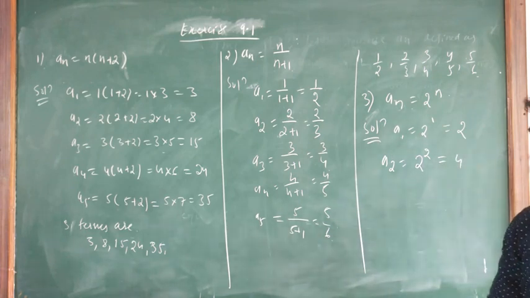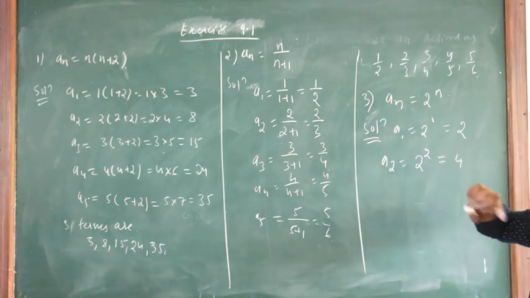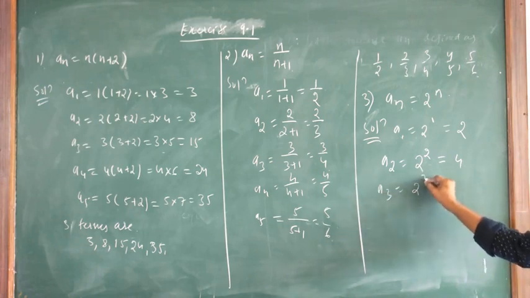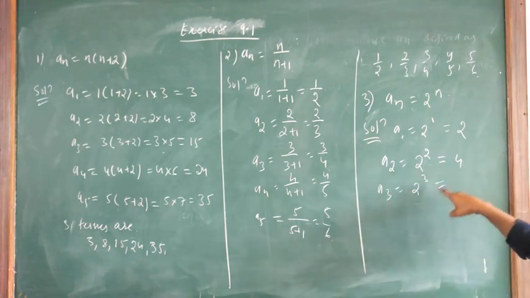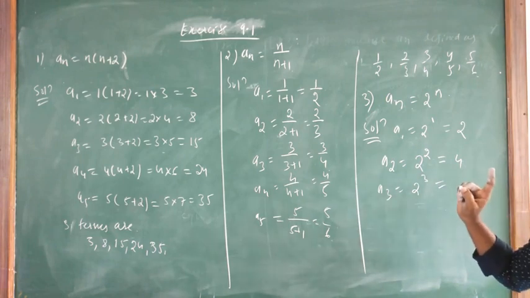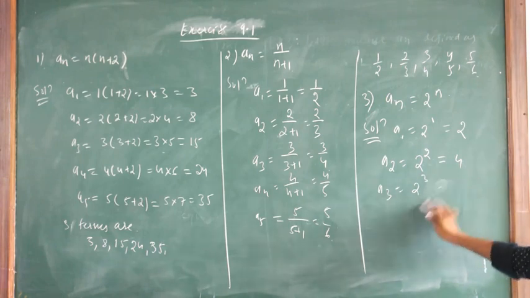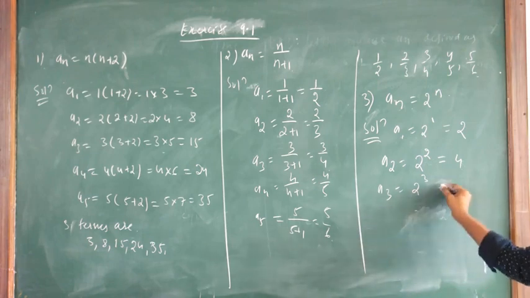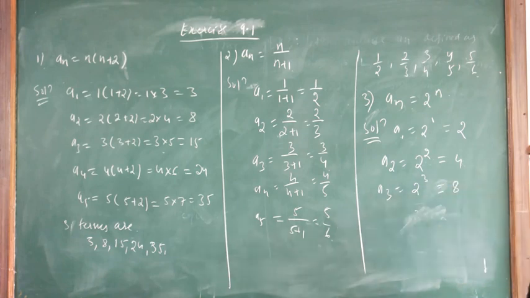That is 2 times 2, not 2 into 2 as a product of the exponent. A3 equals 2 to the power of 3. That is not 6; 2 into 3 is not the answer. It is 2 into 2 into 2, 3 times multiplication of 2, which is 8.